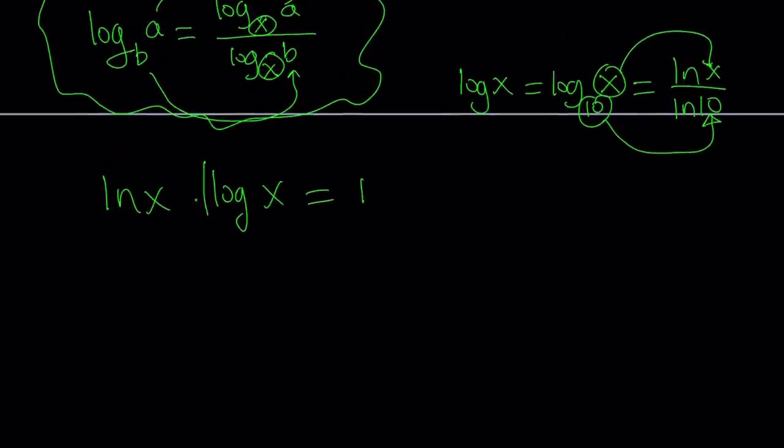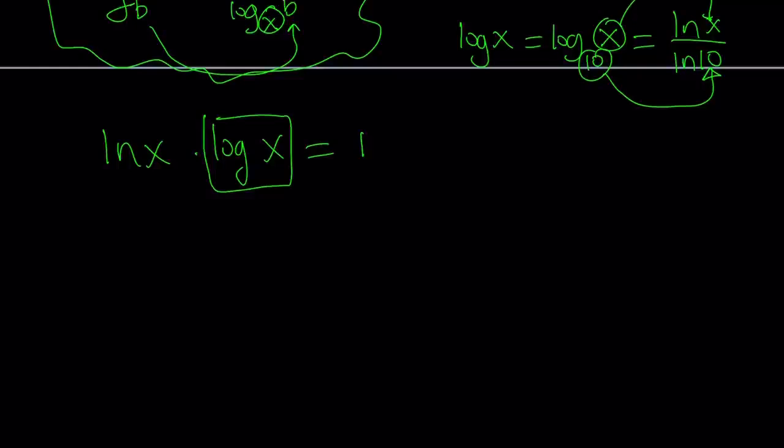Replace log x with that, ln x multiplied by ln x over ln 10. Now what's really cool about it is that ln 10 is a constant. It's not a variable. That's good because 10 is a constant, right? So ln of 10 is constant. And we have the same base now, ln x times ln x, which is really, really cool.